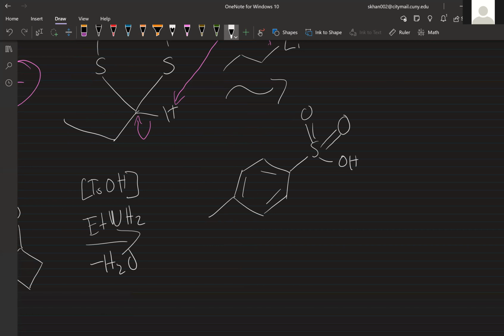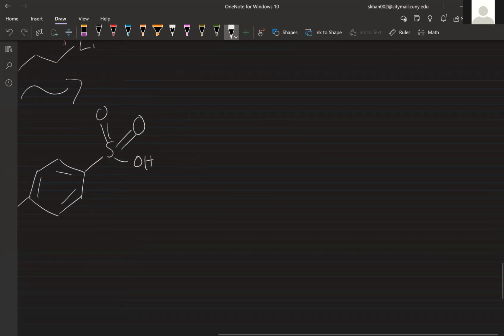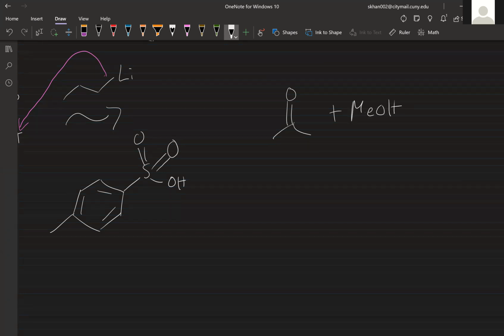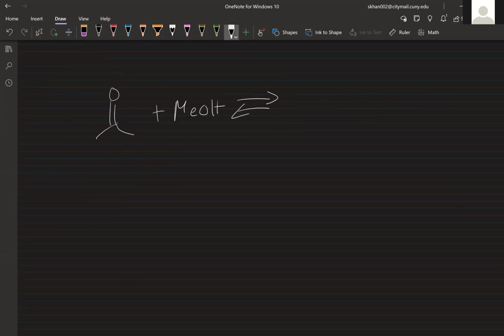Since this is confusing people, let's say we have our carbonyl, and say methanol, and we are in equilibrium with the acetal. What's the other byproduct? Water, with 2 H's from the methanol and the oxygen that was removed.